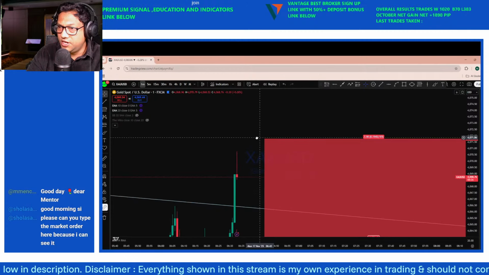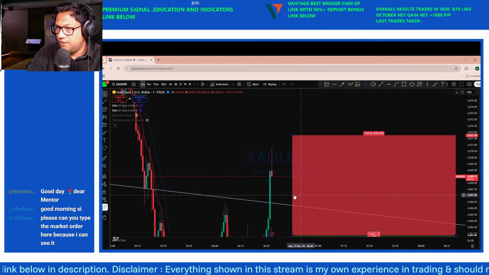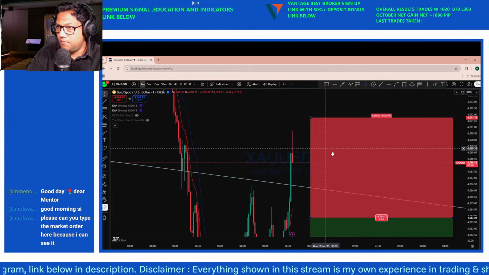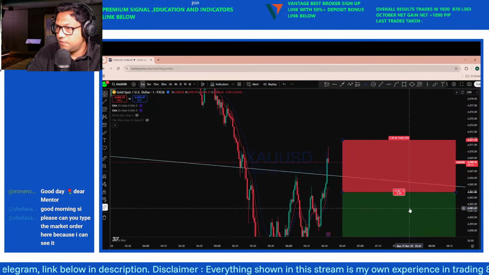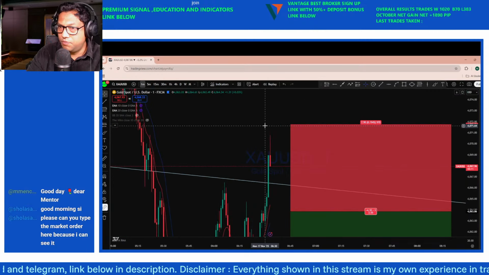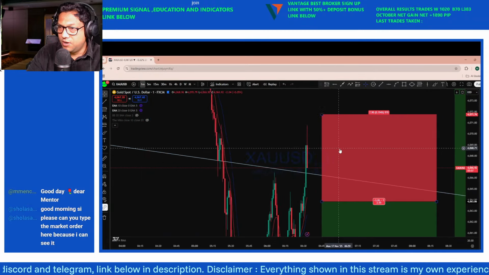This is a 1 minute resistance line, and so there is a break to the upside here, getting the rejection again back below.